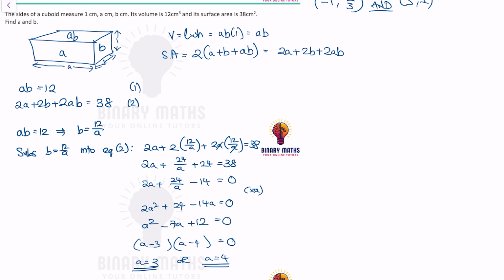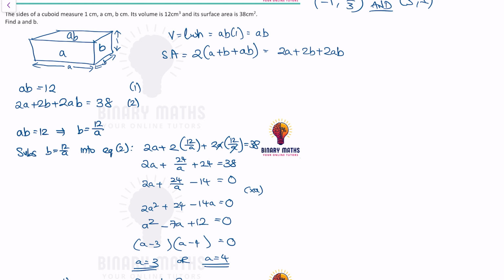If A is equal to 3 or 4, then since the equation tells us B is equal to 12 over A, B must be equal to 4 or B must be equal to 3.